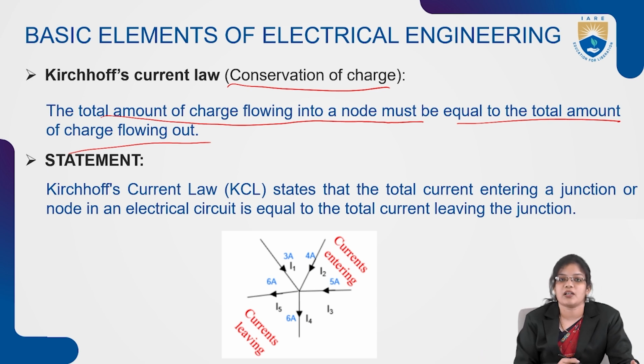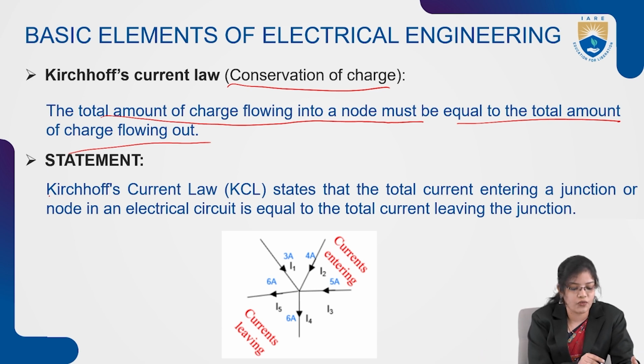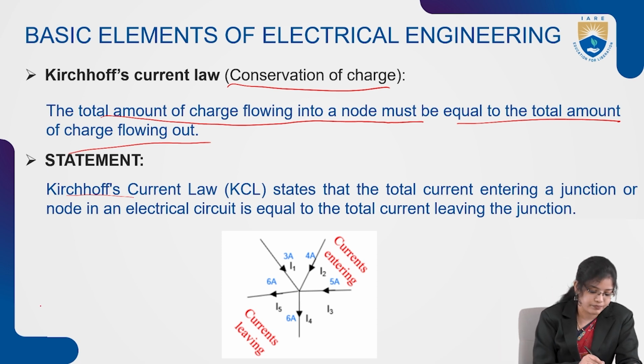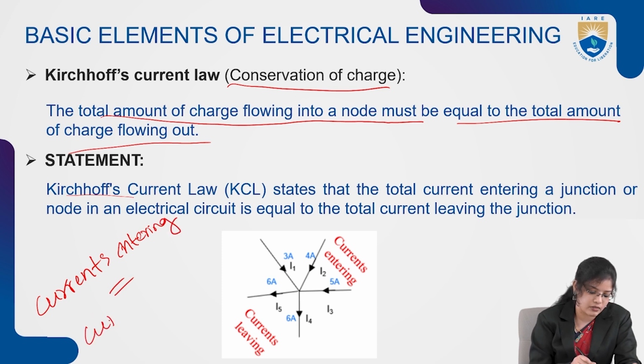Kirchhoff current law states that the total current entering a junction or a node in an electrical circuit is equal to the total current leaving the junction. So it can be written as currents entering should be equal to currents leaving.